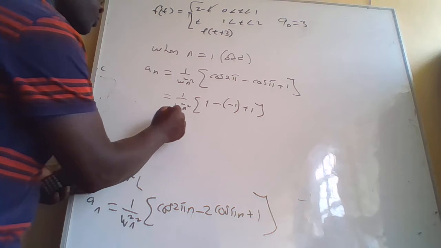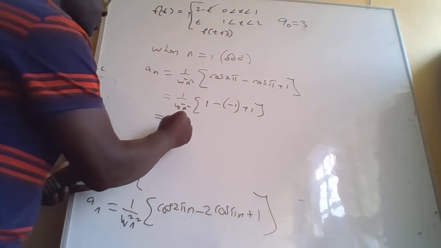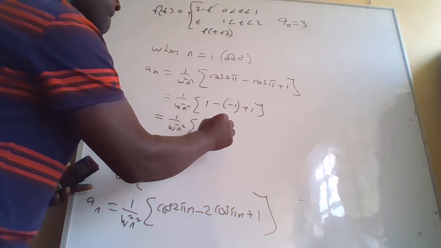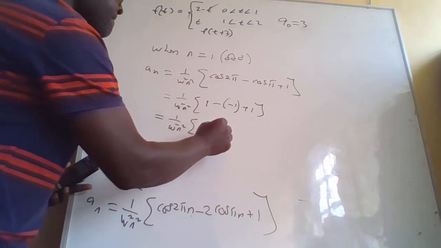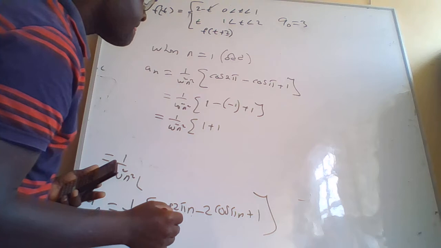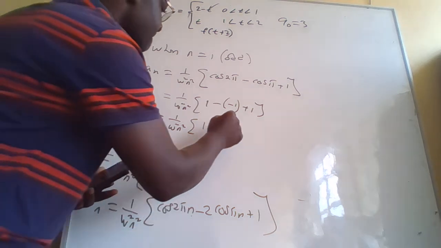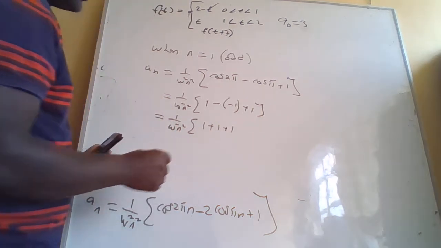So this equals 1 over omega squared n squared into 1 plus 2 plus 1.